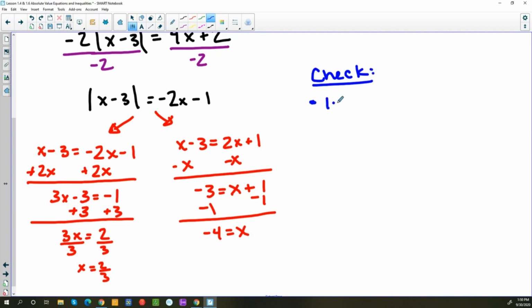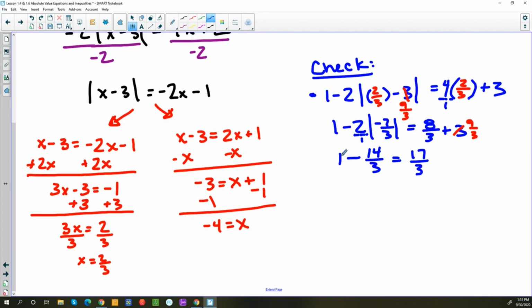So I have 1 minus 2 absolute value of x minus 3 equals 4 times x plus 3. All right, so for 1, we want a common denominator, so this is going to be 3/3.